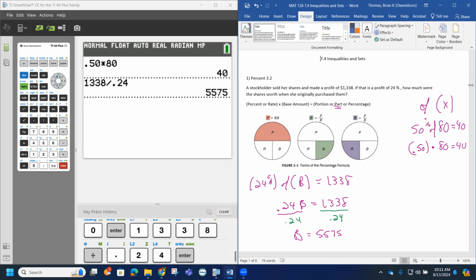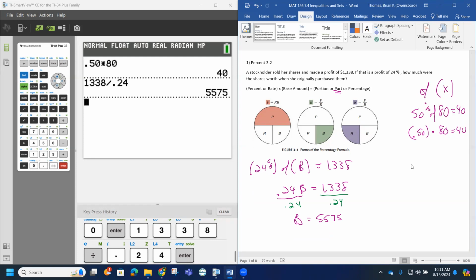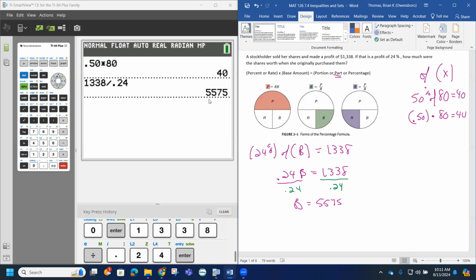Now, another way to do this is you also can use images like these. If you wanted to, you could draw a circle like this. The portion, the percentage, goes in the top. That's going to be the 1338. On the bottom, you have the rate and the base.